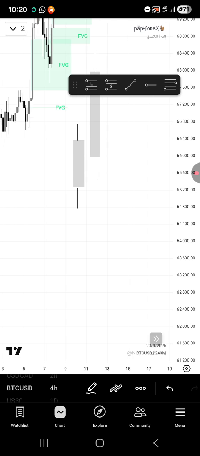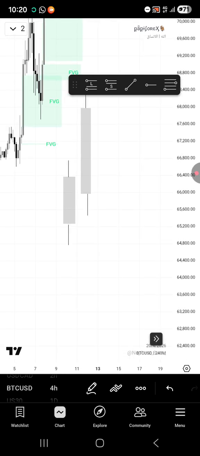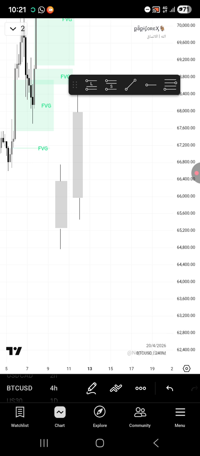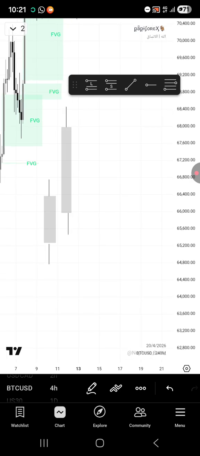So in fair value gaps, we have three types of fair value gaps. One, we have the deep retracement fair value gap. Secondly, we have what we call breakaway gap. And thirdly, we have the consolidation fair value gap.